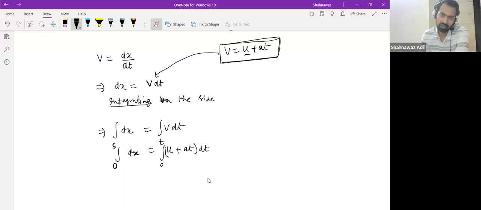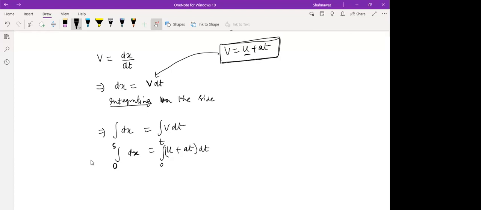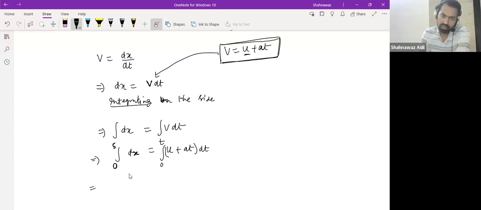Yes, sir. Okay. So dx integration would be x and the limit is s and 0. And let us talk about this integration. So this has plus. So first is u dt plus at dt, limit 0 to t.